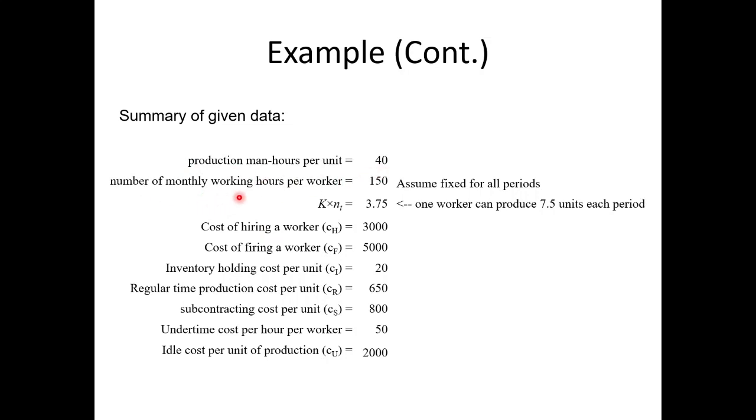Number of monthly working hours, 150. This is given information and we assume that it will be fixed for all periods. Now K times N sub T needs to be calculated. In our case, it's 3.75, which means one worker can produce 3.75 units in each period.